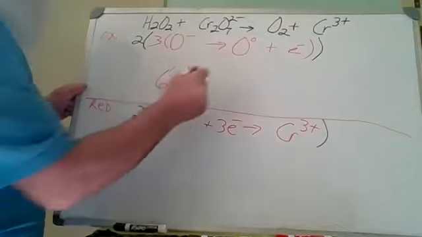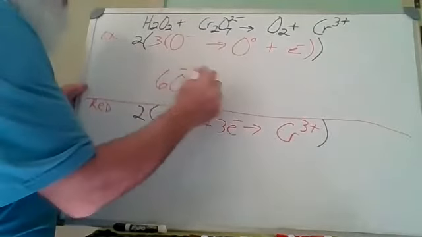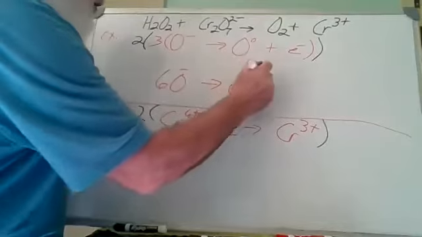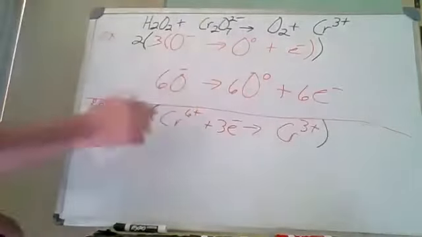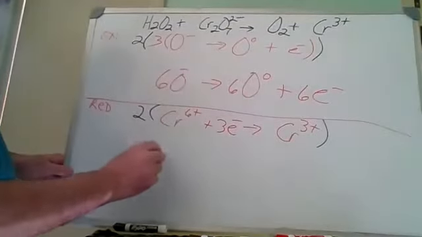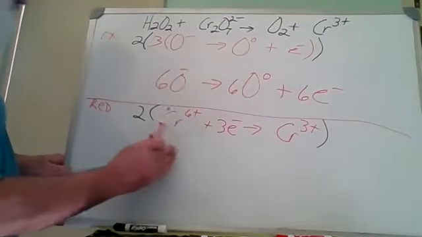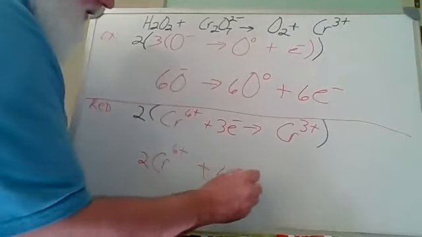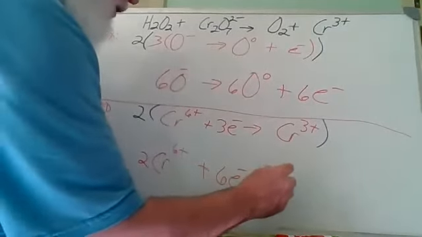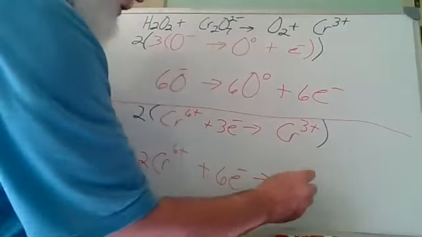6O minus gives me 6O0 plus 6 electrons. And down here, we're going to have 2 chromiums starting out at +6, plus 2 times 3 is 6 electrons, gives me 2 trivalent chromiums.